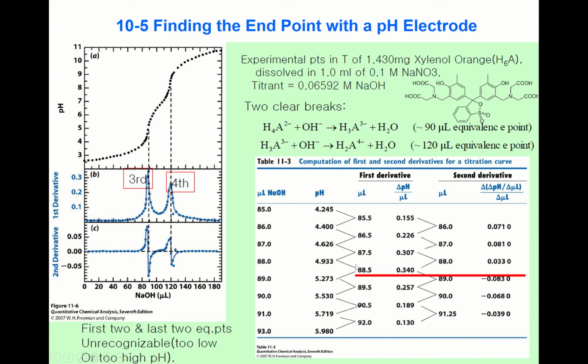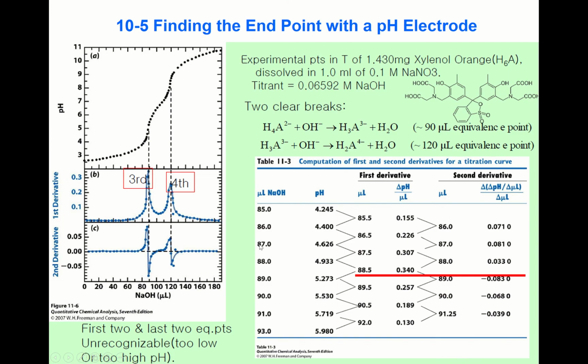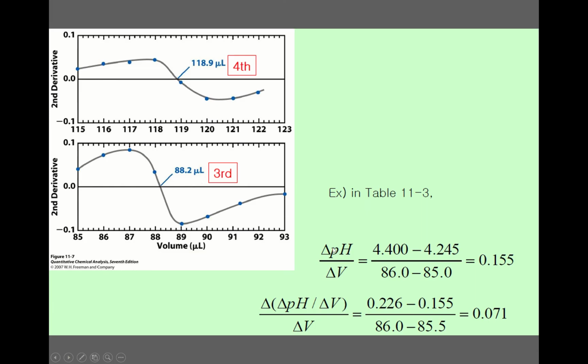To make these volumes close to each other, you have to add not in 1 microliter intervals, but little by little, maybe 85.1 and 85.2, like that, and then you can have these two values very close.